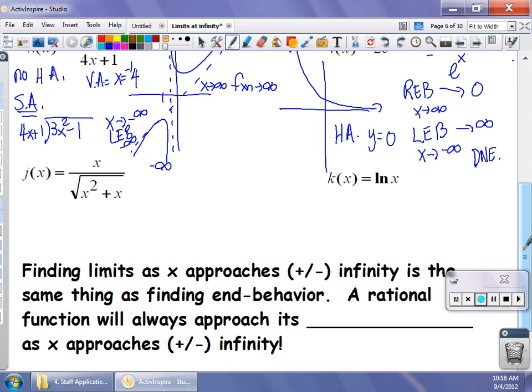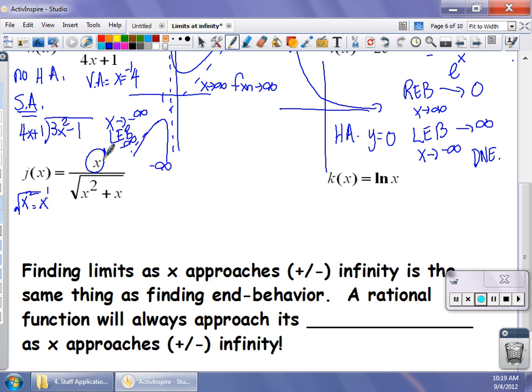Letter J. Now in letter J, we have what appears to be a rational function, but if we're trying to determine the degree, the numerator is obviously a degree of 1. The degree in the denominator, if you just look at the first term, we basically have the square root of x squared, which is equal to x to the first power.